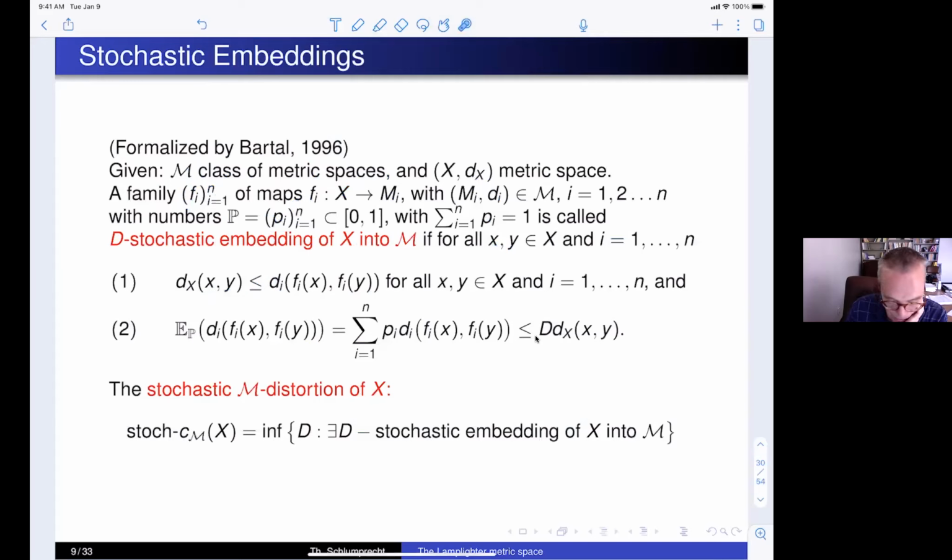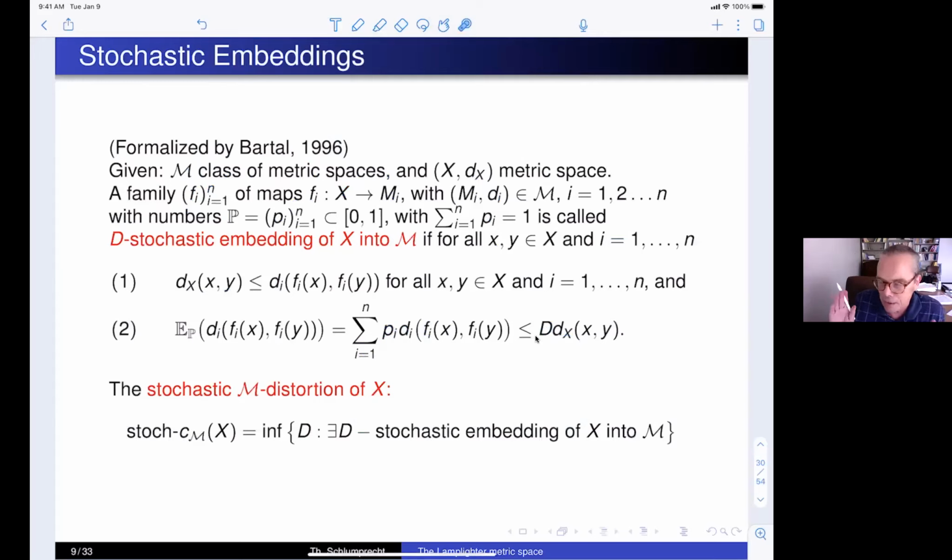If you take the expected value of the distance in d_i of f_i(x) and f_i(y), which is simply this convex combination sum, you get a constant D, this is why it's D-stochastic, times the distance in the original, in X.